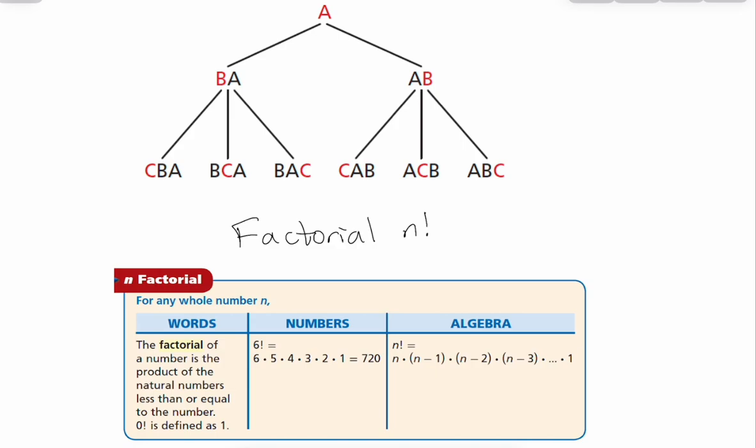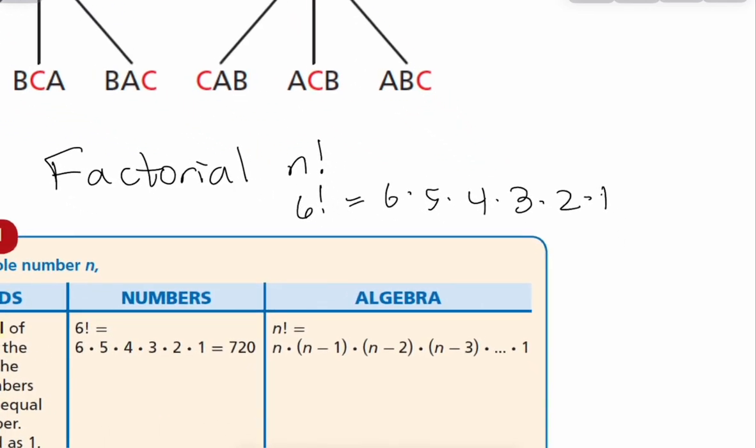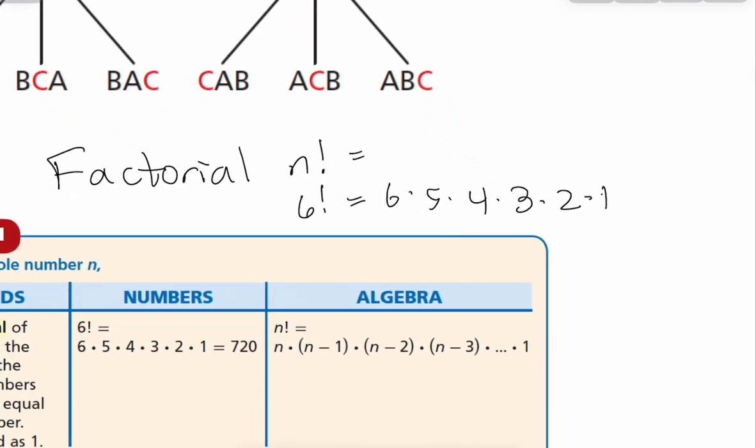So an example would be 6 factorial. 6 factorial is going to be 6 times 5 times 4 times 3 times 2 times 1. Now, mathematically, how do we write factorial? Here, let me show you. It's going to be n times n minus 1 times n minus 2. You keep doing that pattern until you get to the number 1. Okay? So mathematically, that's how we write that.